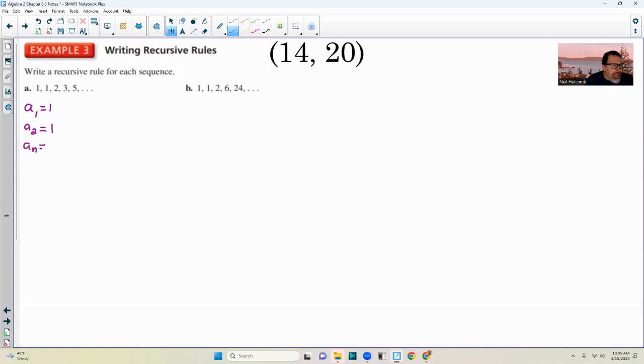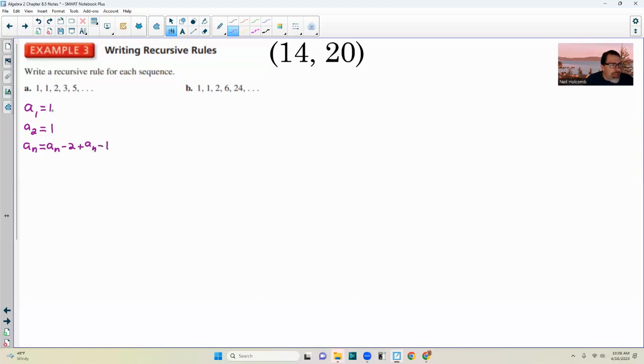So a sub n equals, so we have to try to figure out what's going on here. This is a famous sequence, by the way, and I'll get to that in a minute. But if I put a sub n equals a sub n minus 2 plus a sub n minus 1.